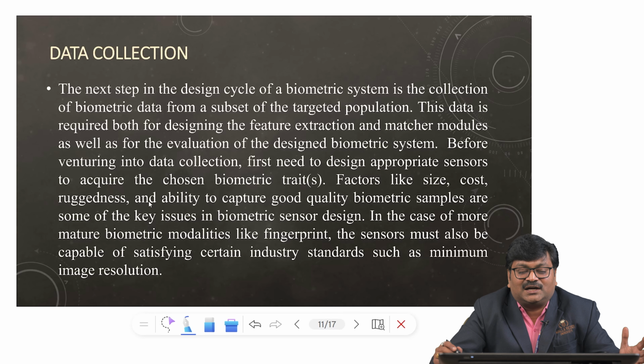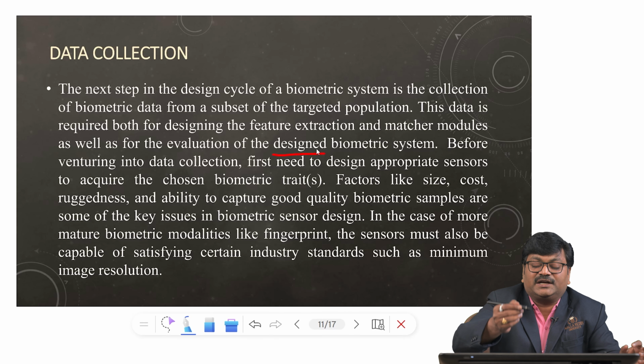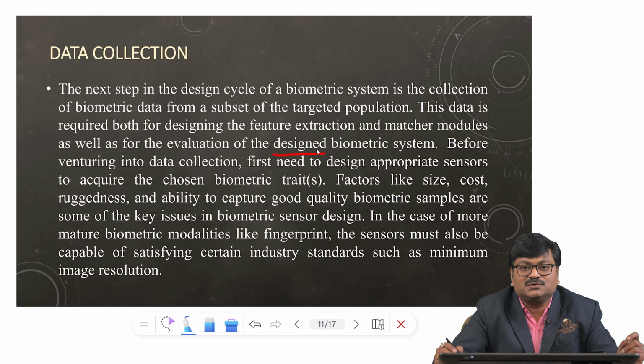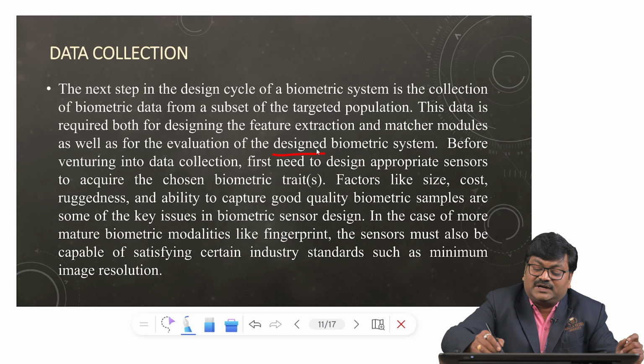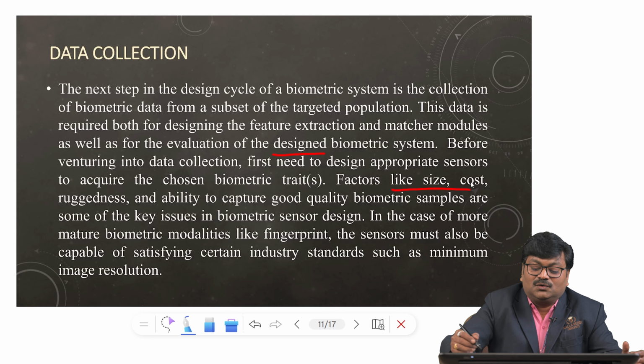From that raw data, we will have collective information related to the trait. So whenever I want to use it, I always need to see, for that particular trait, what is the size of it, what is the stability of it, what is the ability of it, and in what way it is being acquired by the biometric system.